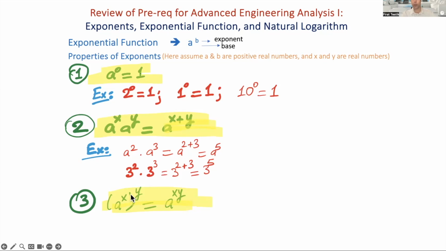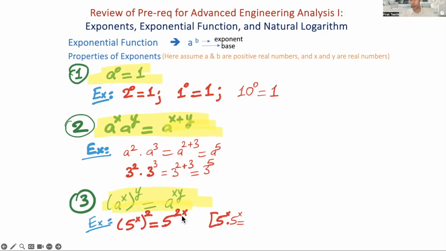So if we take the exponential function a to the power x, and if we take the power of y, it will be equal to the exponential function a to the power x times y. As an example, consider 5 to the power x and take the square of this exponential function. This is equal to 5 to the power 2x.